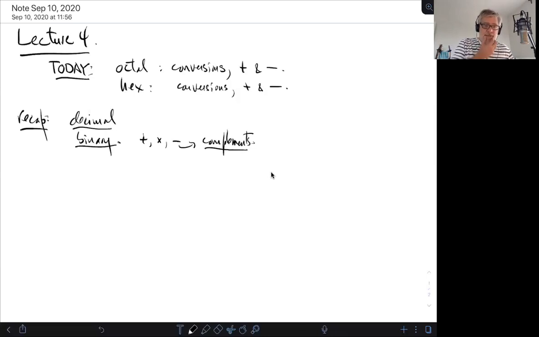Okay. Today, I am going to redo basically the same. It's just the same basic principles, but in two different bases, base 8 and base 16, which are fundamental for computer scientists and computer science. And I'll try to explain a little bit why that is.